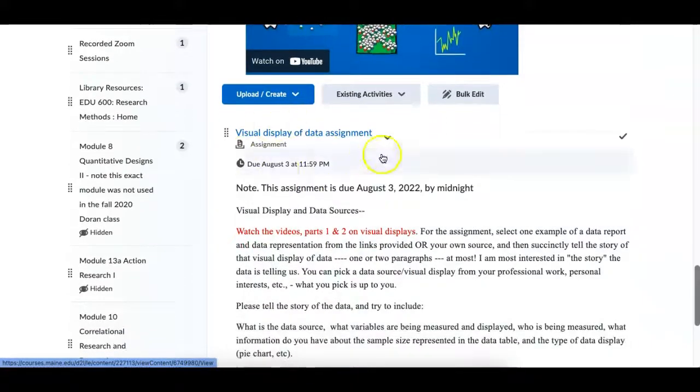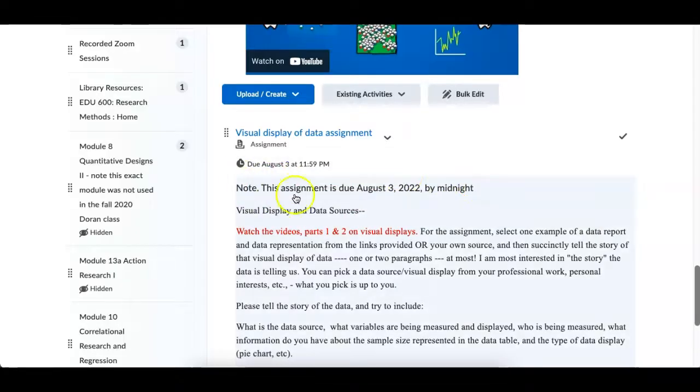Okay, here's the other assignment that's due next Sunday. I don't want this to take so much of your time that you forget about the paper. The qualitative critique is more important than this. I believe the visual display assignment is worth 10 points, which is still substantial, but I give you permission not to go overboard.